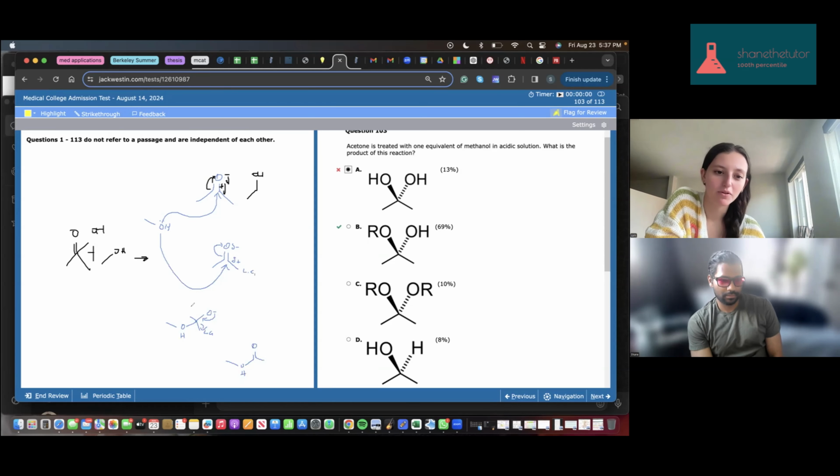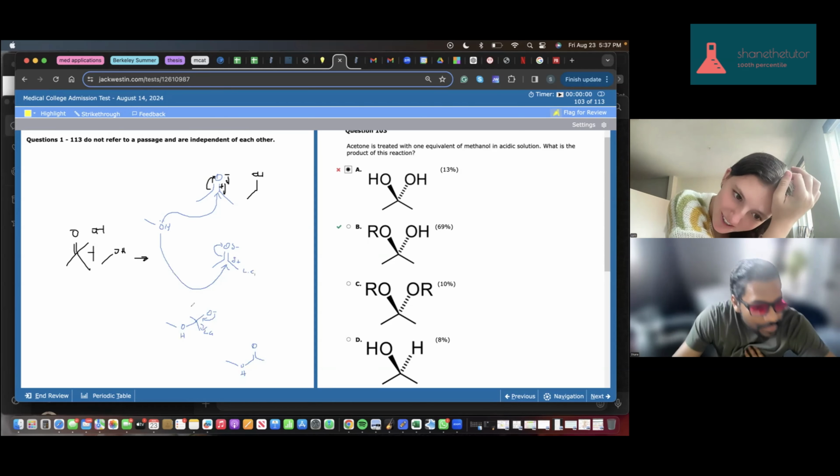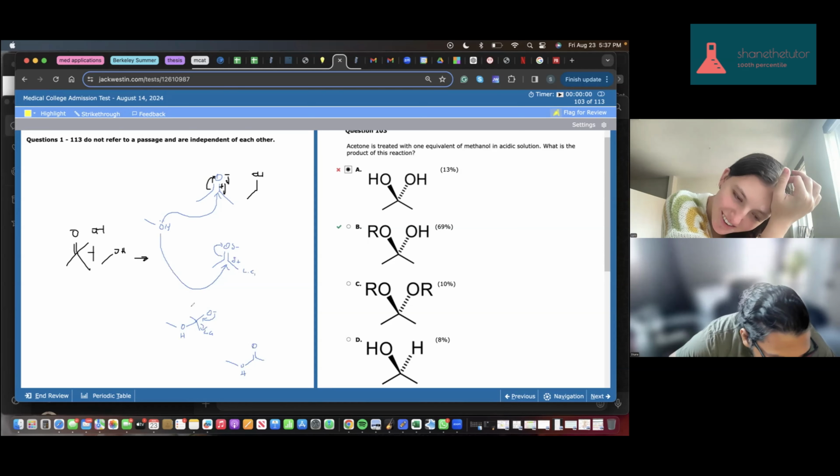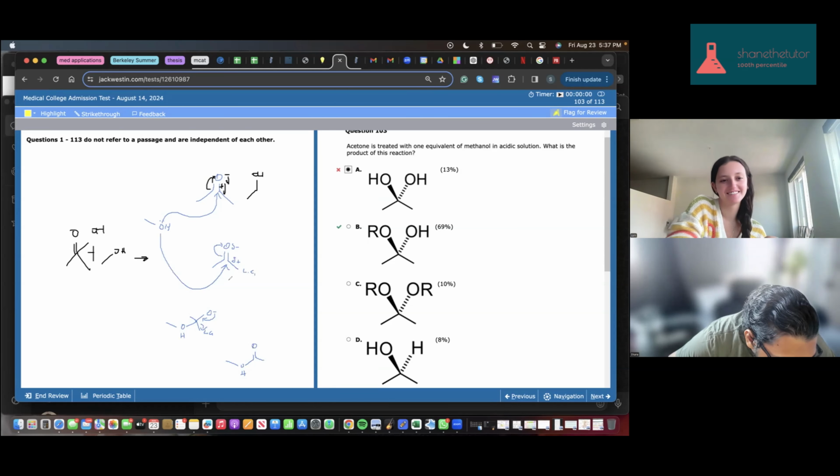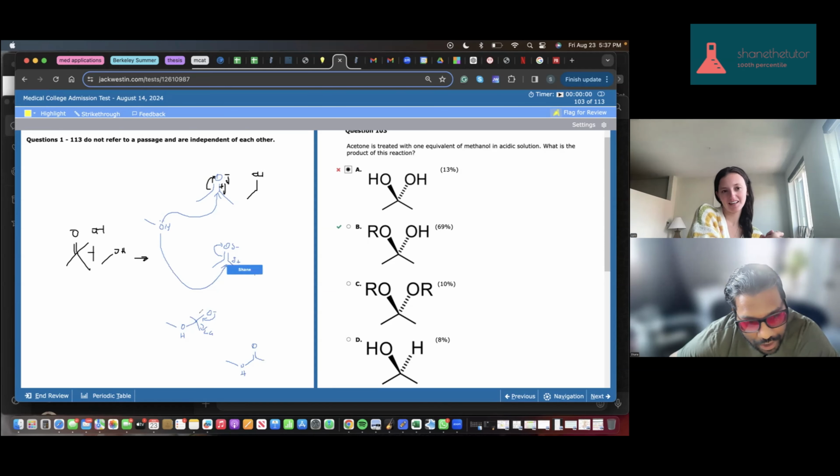This looks like the dipole thing you drew 2 questions ago. Because what's happening is it's making a bond with the carbonyl carbon and then shifting the electrons from the double bond to the oxygen. So the oxygen now has a full-fledged negative charge, no longer partial, like actually negative.